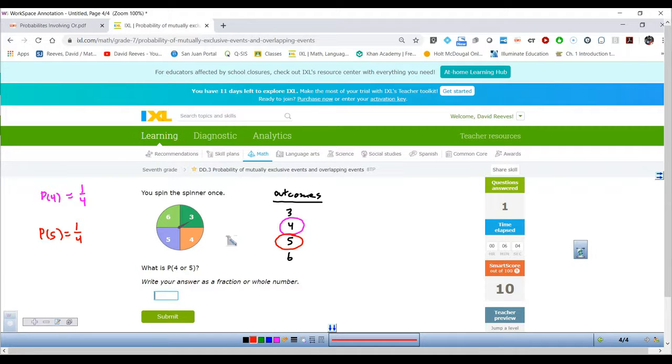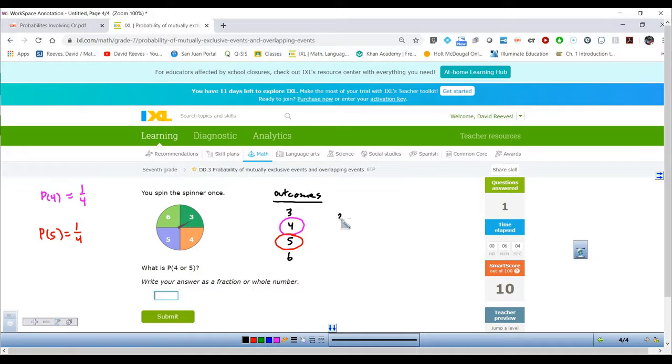All right, now let's ask ourselves, is this a mutually exclusive event? So when we look at our outcomes, did we circle anything twice? And the answer is no, we didn't circle anything twice, right? 4 is circled in purple. 5 is circled in red. All right, so what is our probability of getting a 4 or a 5?